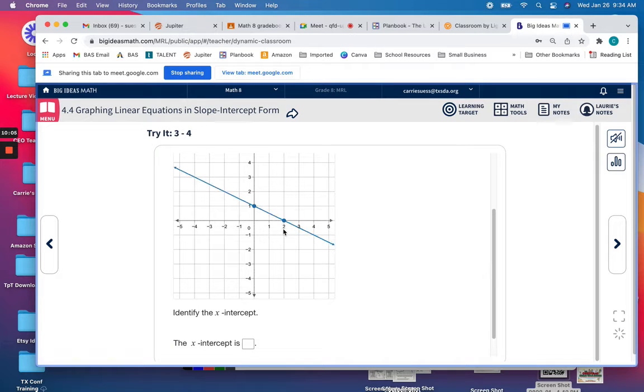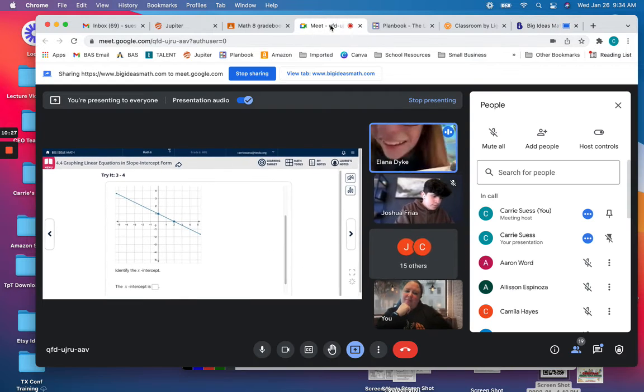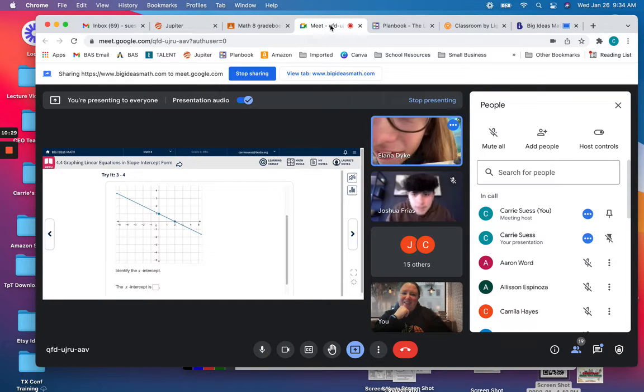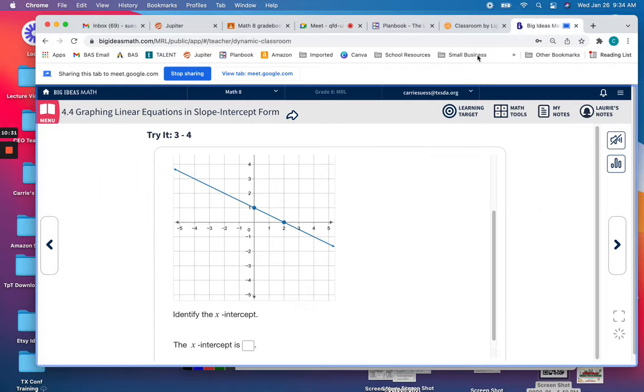See my blue line? Where does it hit this horizontal line? Right here. What number is this? 2. So it crosses at 2. So you would put x-intercept equals 2.